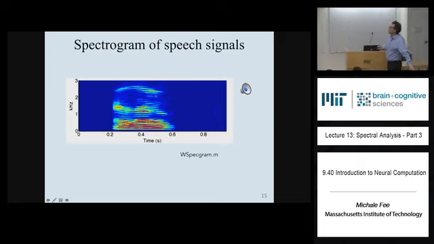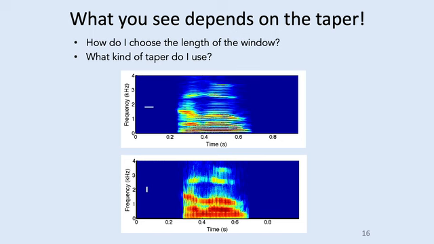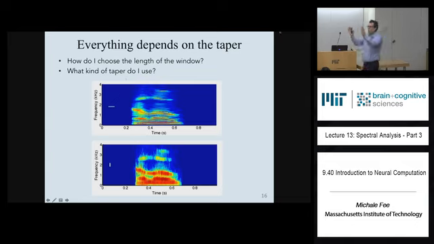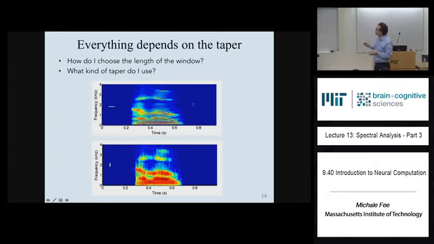Now what's really cool is that you can actually focus on different things in a signal. For example, if I compute the spectrogram where the window I'm choosing is really long, then I have high resolution in frequency, and the spectrogram looks like this.